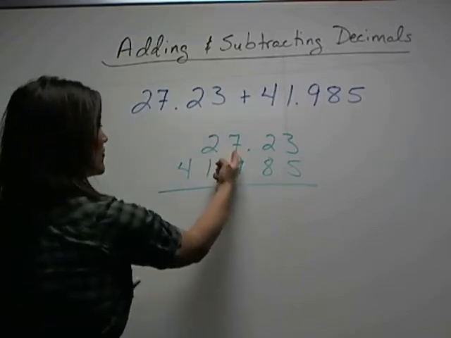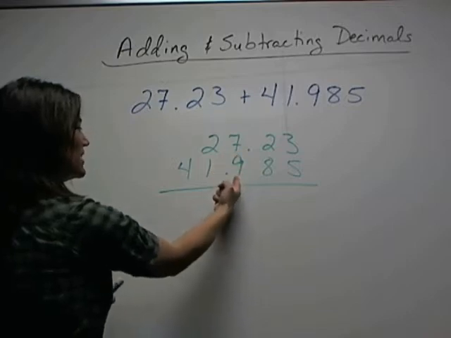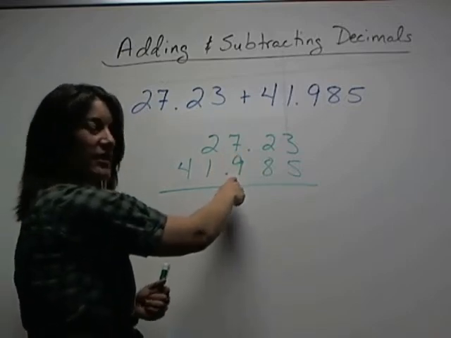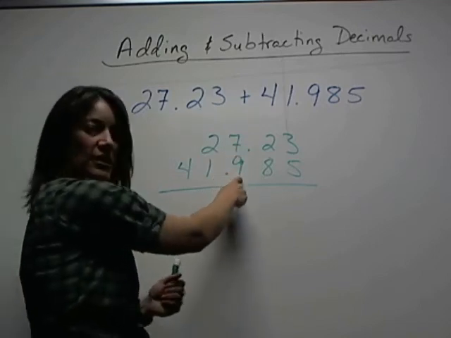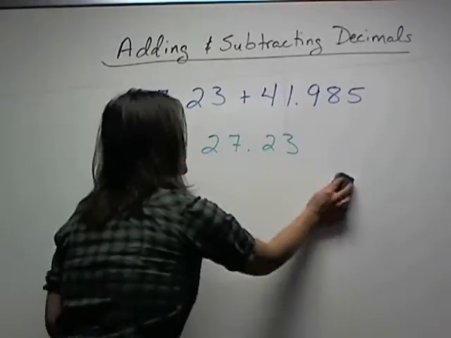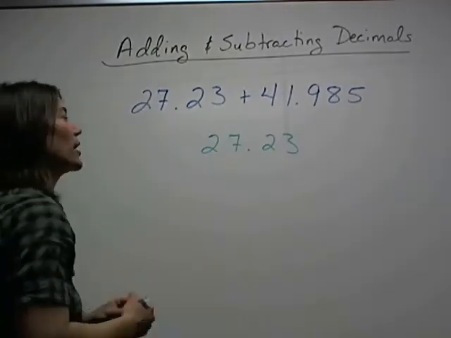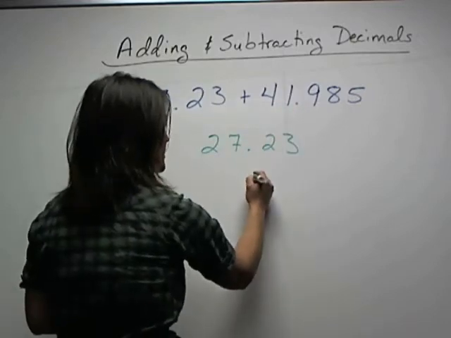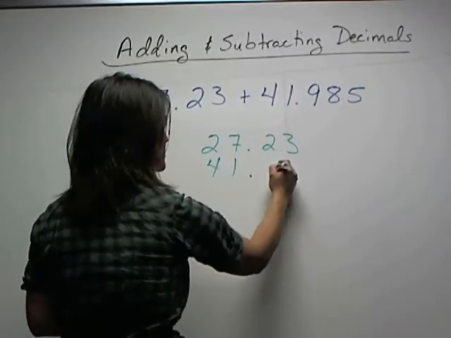Because remember, the 7 here are ones, but the 9, since it's to the right of the decimal point, that's tenths. I can't add whole things to a portion. So that's not right at all. That is not how we add up our decimal numbers. We're going to add them up by lining up the decimal points.